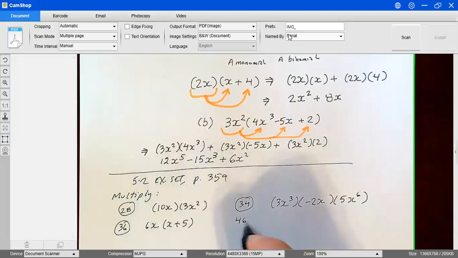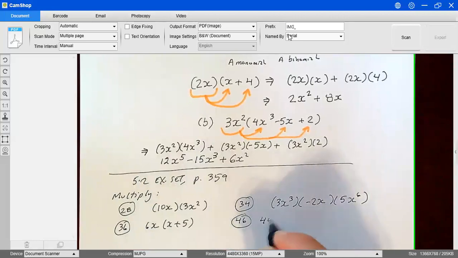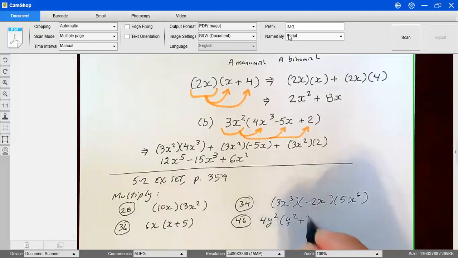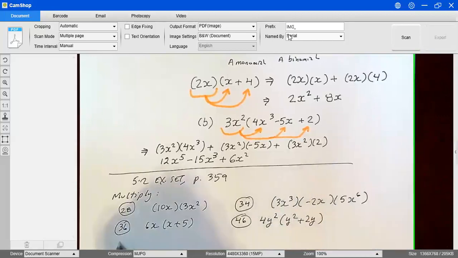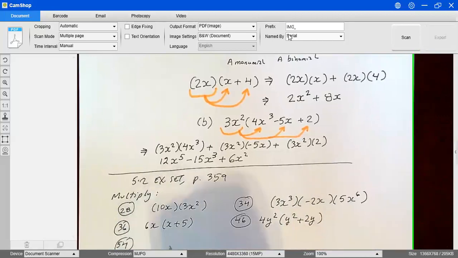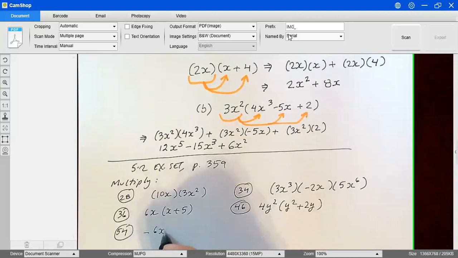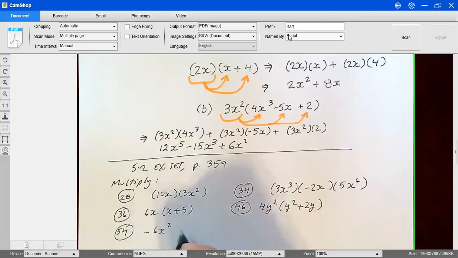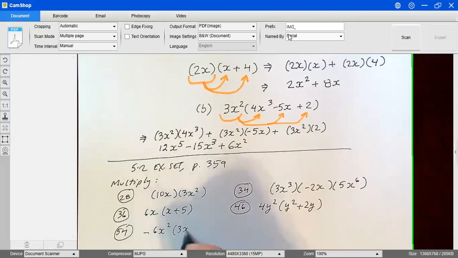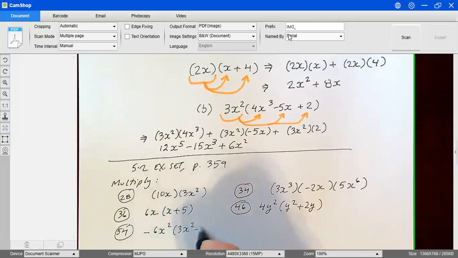Then 46. You multiply 4y squared and y squared plus 2y. And finally 54. You're going to multiply negative 6x squared and 3x squared minus 2x minus 7.